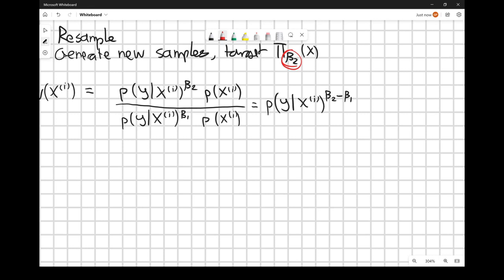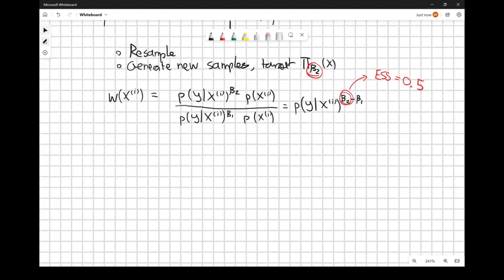And our job, once again, is to choose a beta 2, and we want to do it such that the effective sample size drops to, we'll stick with the threshold we've picked in this example, i.e. 0.5. So very similar to the previous step in our annealing schedule, we've already got these likelihood evaluations.